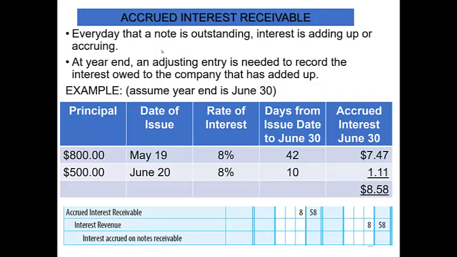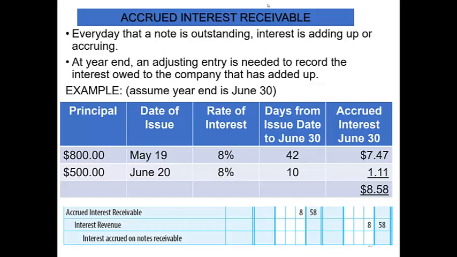At the end of the year, for every outstanding note, we need to enter a journal entry for accrued interest. Now, accrued just means added up. So all the interest that has been added up on a notes receivable and has not been paid needs to be recorded on the books as accrued interest receivable.